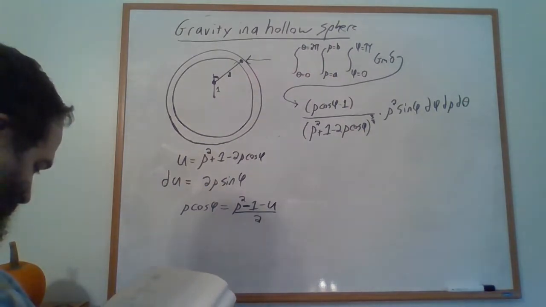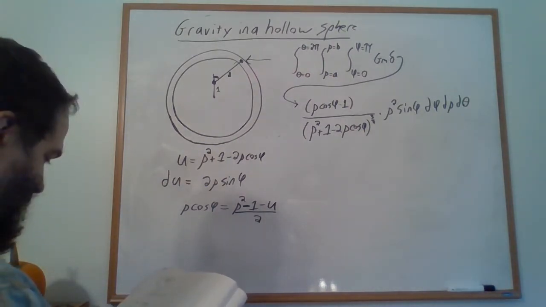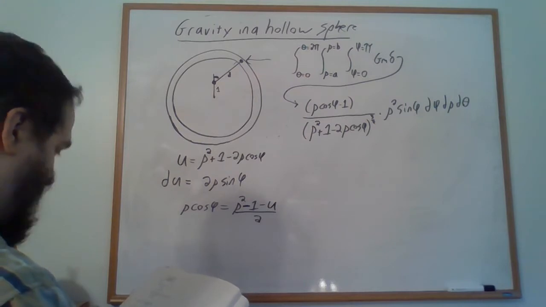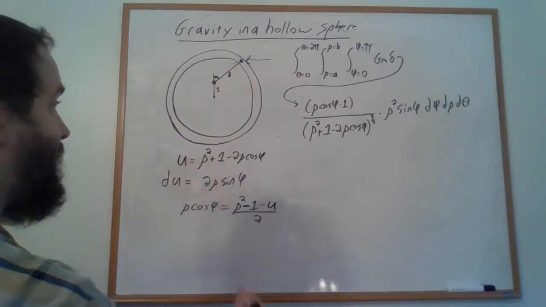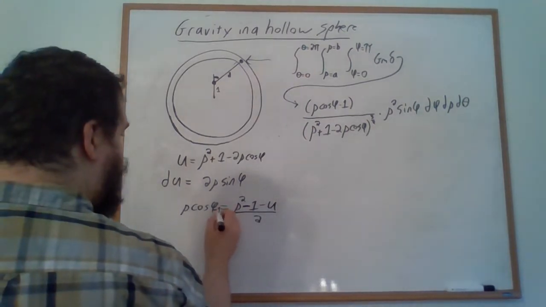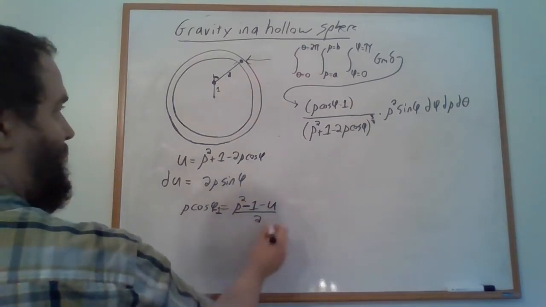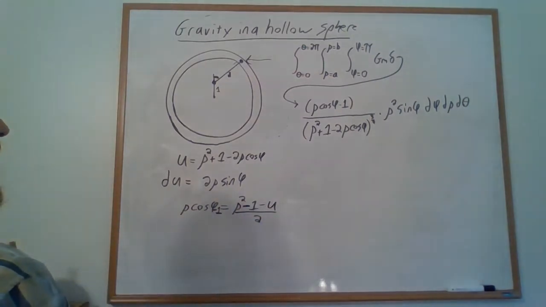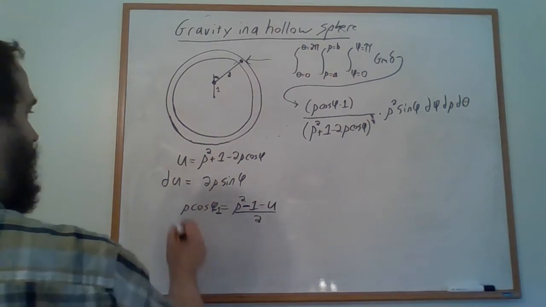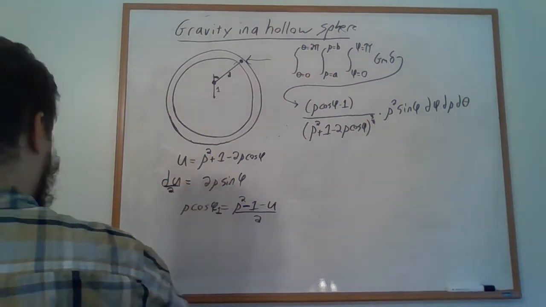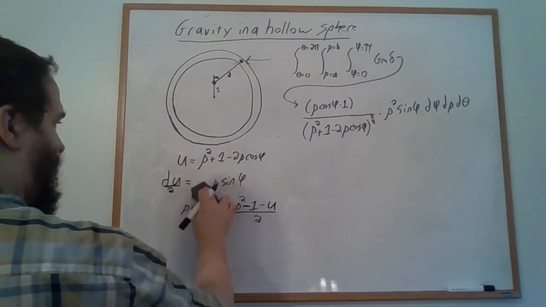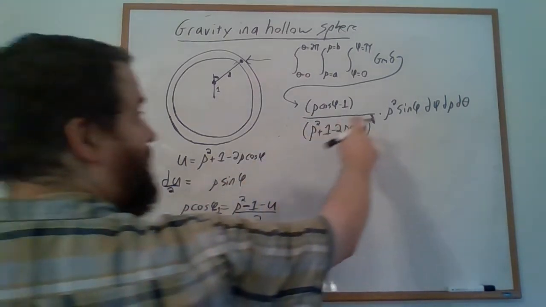So here we have, and in fact, yes, this is what I want. Okay, so this rho cosine phi minus 1 is going to be this term here. And now I want du over 2 is equal to rho sine phi. And now I can put the pieces together.